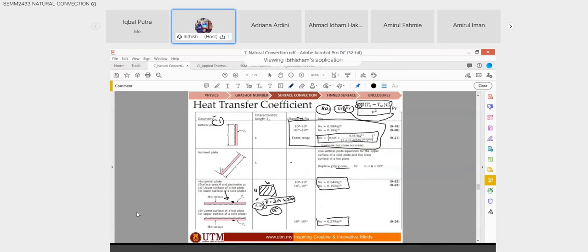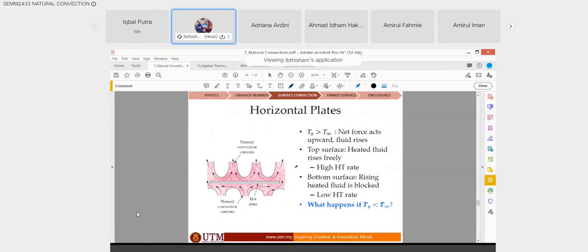Alright, so kita akan tengok kenapa hot surface atas dengan hot surface bawah equation dia lain. So the explanation will be due to the buoyancy force. Okay, if for example TS surface is much more larger than T ambient, okay, top surface the heated fluid rise freely, we have a high heat transfer rate. So Q dia lebih tinggi dekat atas as compare dengan Q dekat bawah.